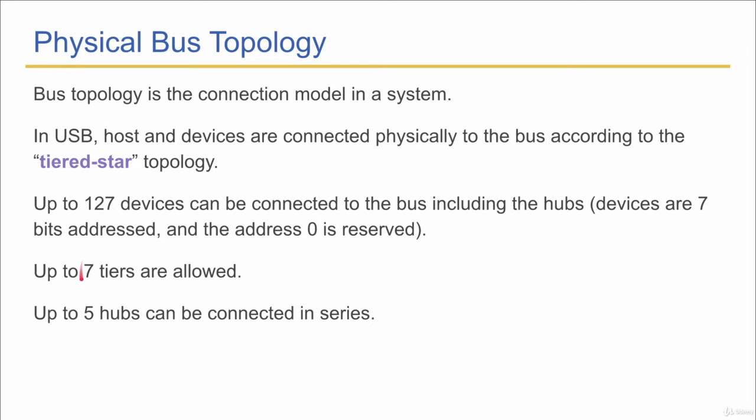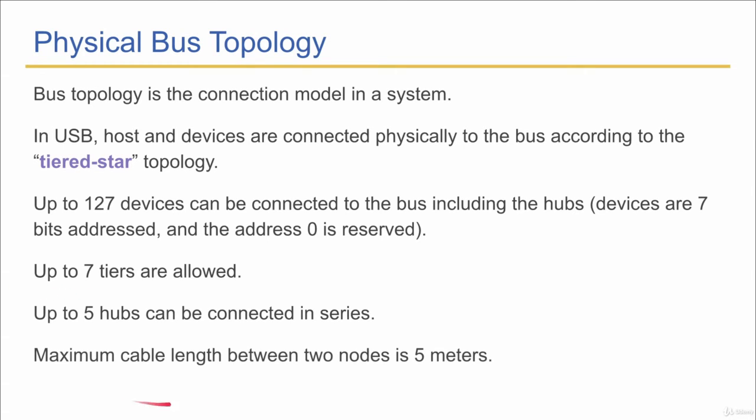So one hub is also considered as one tier. And again, we will see that in a moment on the figure. And the last point I want to mention in this slide is the maximum cable length between two nodes, or let's say between two USB devices, is 5 meters.